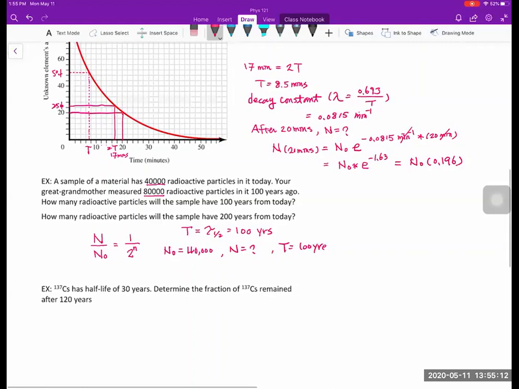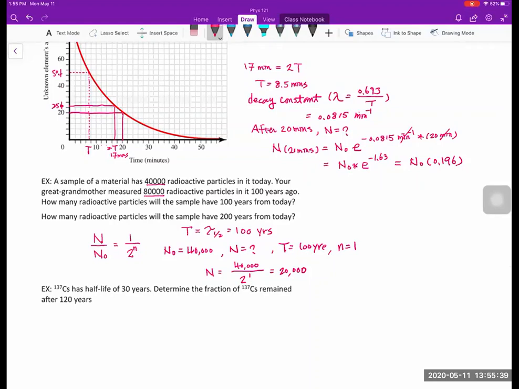Just one. So you can find out what is the N equal to. N is equal to your N0, 40,000, over 2 to the n, where n is equal to 1. So that is 20,000 particles left after 100 years.